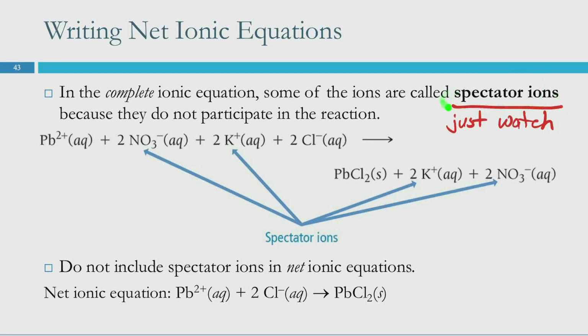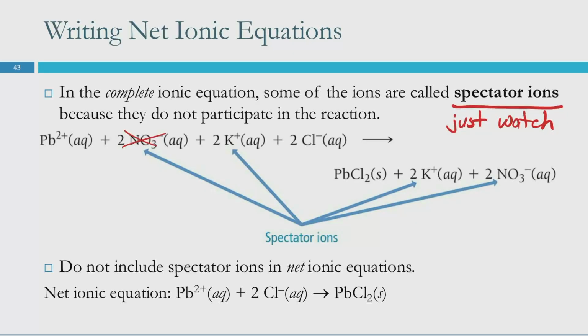So the way that we can identify spectator ions is they didn't do anything. So for example, our nitrate, our potassium, we have them on the left side as ions, we have them on the right side as ions. Nothing changed about them. So we can just get rid of them. And that's what we do to get our net ionic equation.